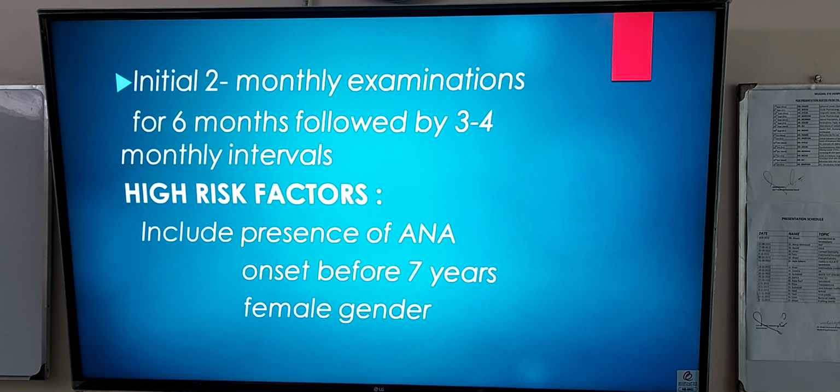Initially examine 2 monthly for 6 months, then at 3 to 4 monthly intervals. High risk factors are presence of anti-nuclear antibody, onset before 7 years of age, and female gender.